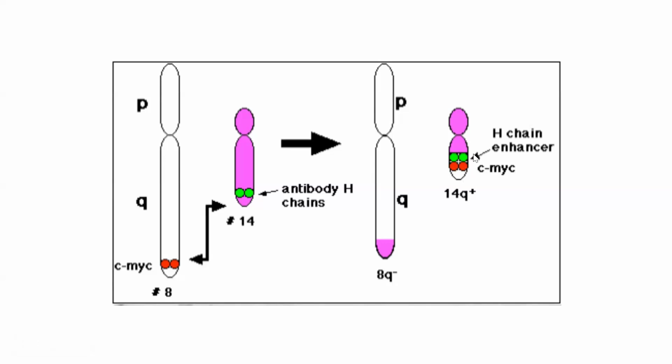So there is no such sort of molecule on the DNA itself that's stopping the transcription. So once this exchange occurs, now c-Myc is in a region where transcription naturally occurs a lot. Our body knows that this is where heavy chains are supposed to be. So they're just continuously transcribing the gene and producing the proteins that are produced by the gene itself.